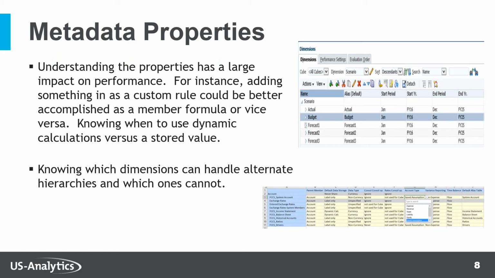For instance, adding something in as a custom rule could be done better as a member formula, or vice versa. Or just understanding when to use dynamic calculations versus a stored value. Those are kind of the basic properties of the application.